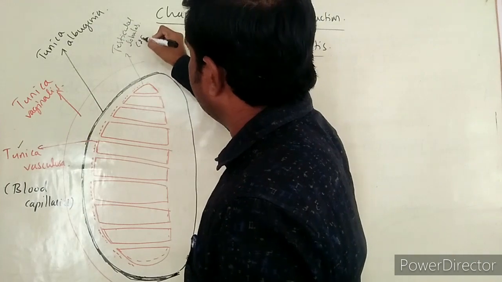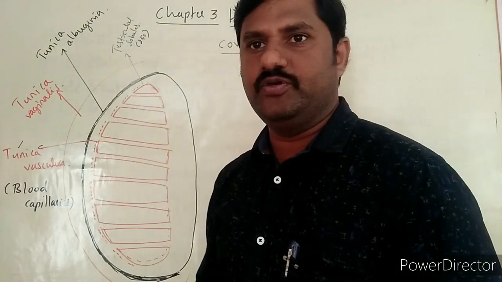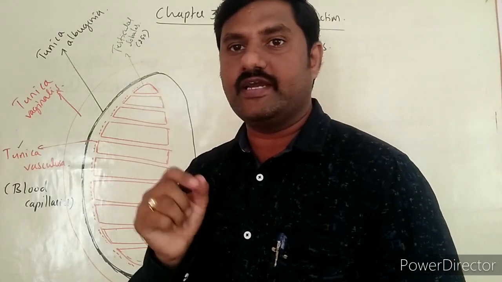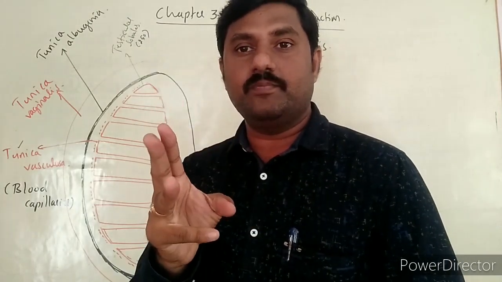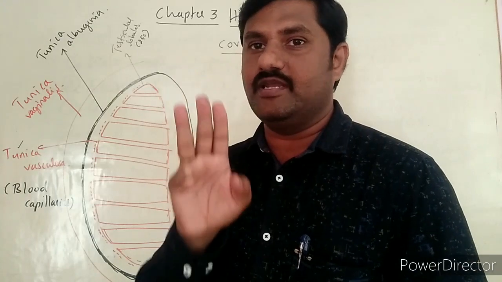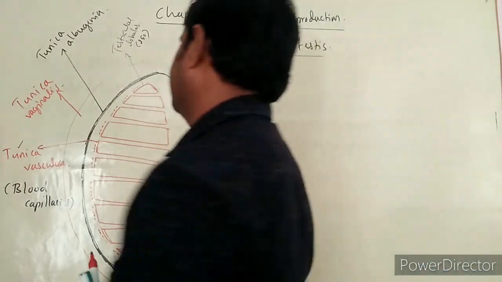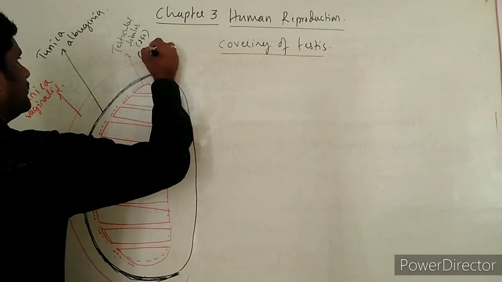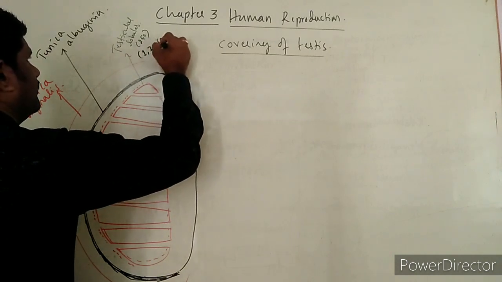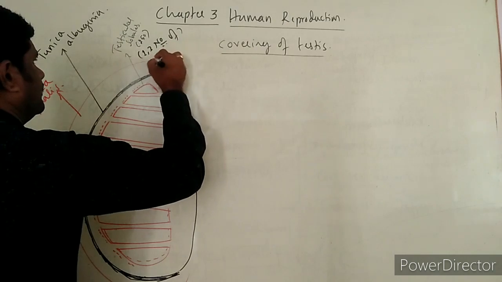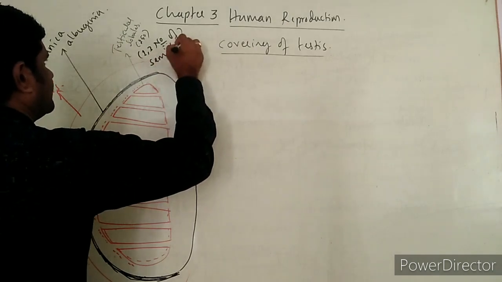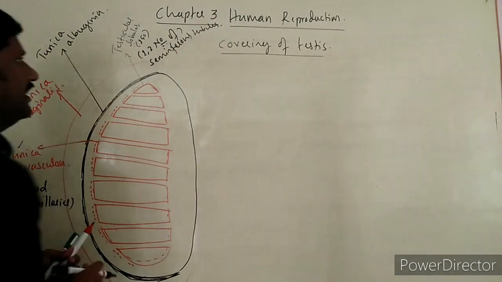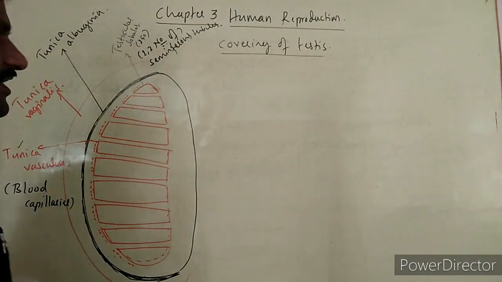About 250 testicular lobules, and each testicular lobule contains 1 to 3 seminiferous tubules.